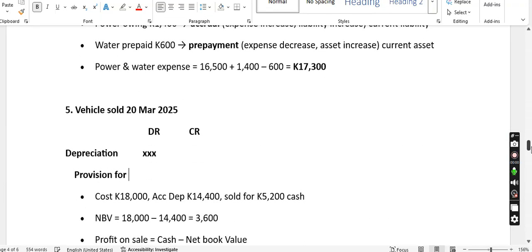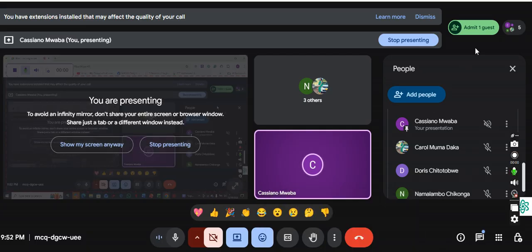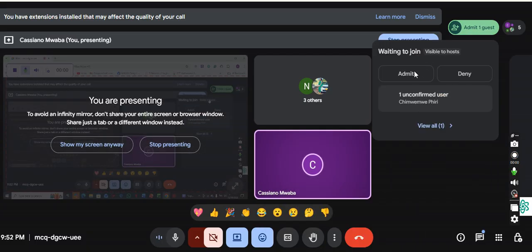Provision for depreciation is a contra asset account. Whenever you hear the word contra, it means it reduces. If you hear the word contra, just know it reduces something.